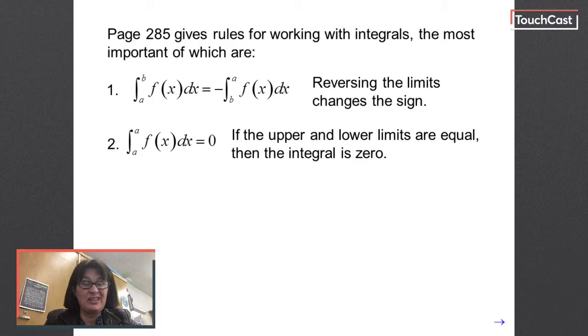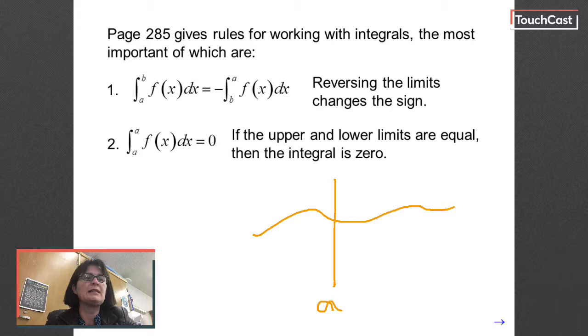Here's a second property. You're going to see this one all the time. If your upper and lower limit on your definite integral are equal, then the result of the integral is 0. So remember again what that means. This integral means find the area under the f curve between, usually it's a and b.